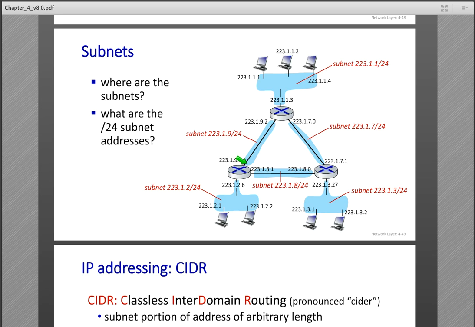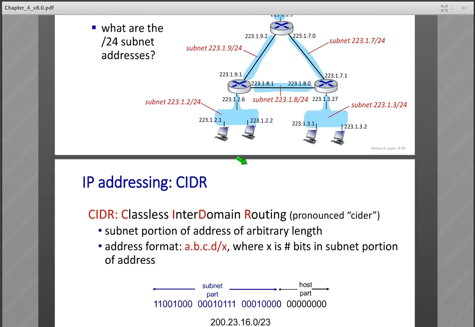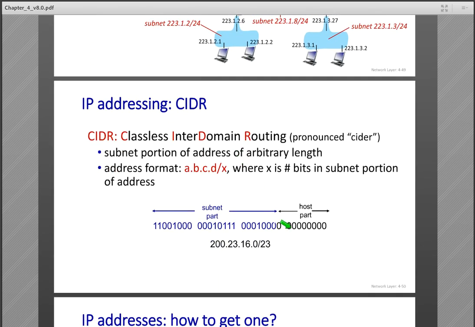The first IP address in that range has a couple of 0 in the host ID part. Something like this. Look at this.